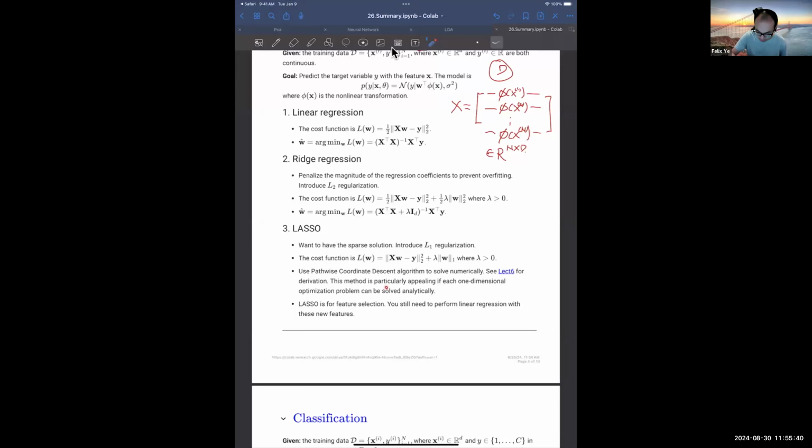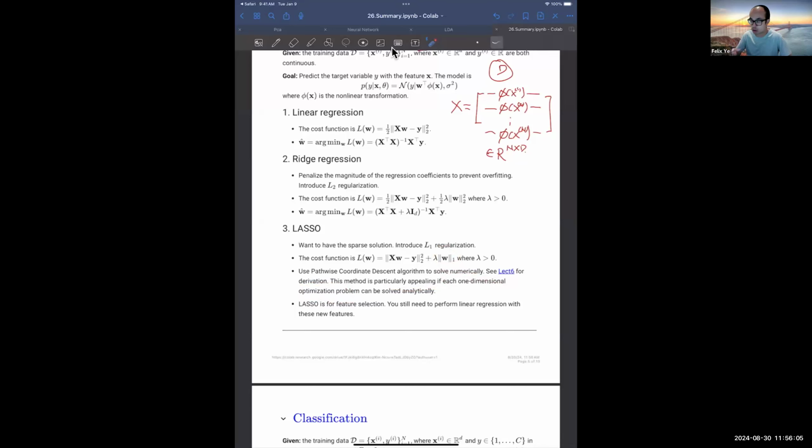This whole thing is particularly appealing if the one-dimensional optimization problem can be solved analytically. The point is, if we fix every other coordinate and let one coordinate move, in fact for this problem we can solve it analytically.